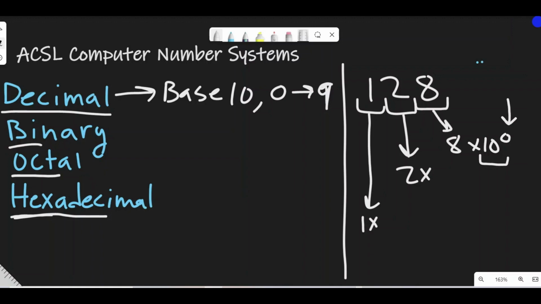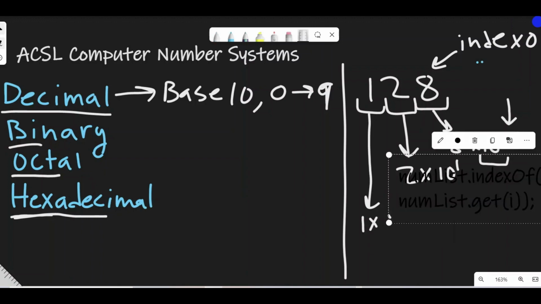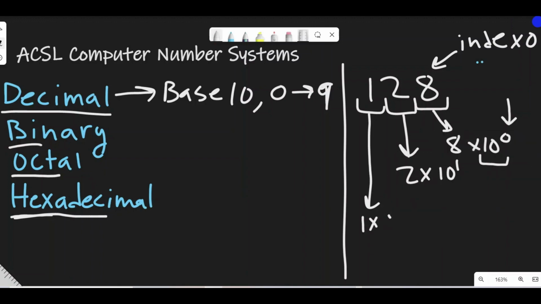So in this case, 8 is at the index of 0. So this is index 0 since it is the first value in the number. It is in the ones place. So we always start with 0. Next, we would have 2 times 10 to the power of 1, since it's the first index, and then 1 times 10 to the power of 2, since it's in the hundreds place. So you can see that the base is 10, and that never changes.